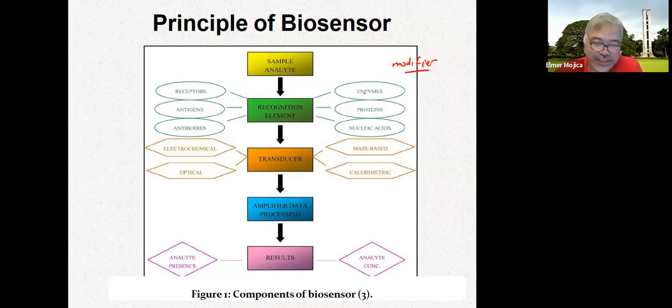If you have an enzyme, what do you want the enzyme to target? Usually a substrate, right? Any interaction of your analyte with this recognition bioelement will give you a signal. So antibody, what does an antibody do? Anyone?